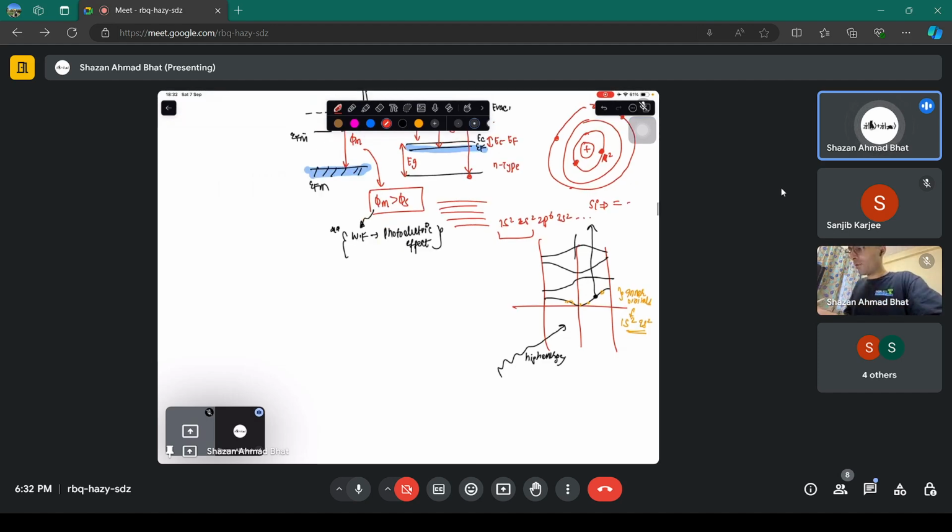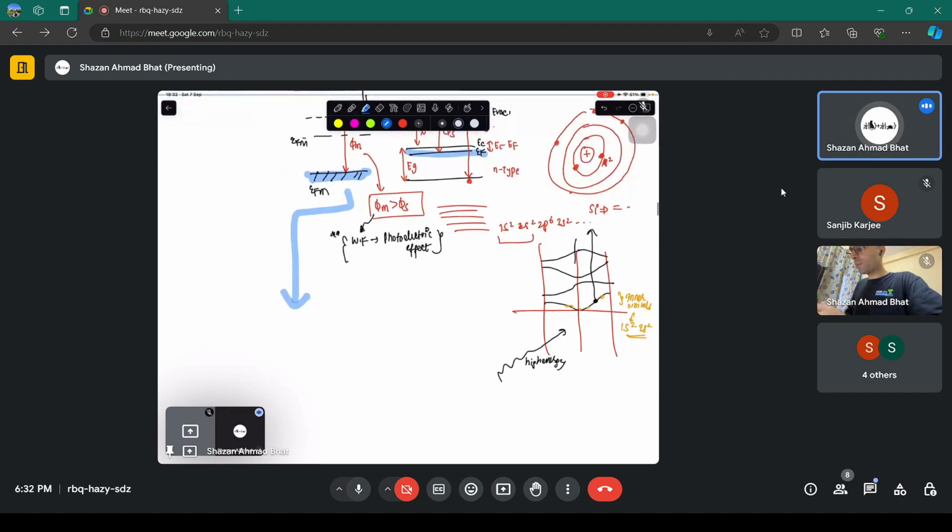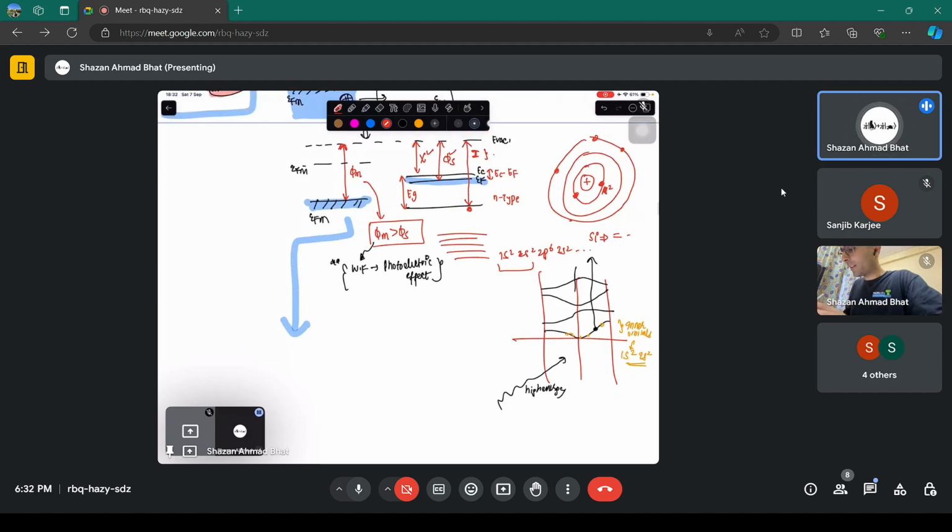And now what happens when you make a contact of this particular junction? You know that the Fermi level here on this side is higher than that of this particular thing. Or in other words, the work function of the metal is greater than that of the semiconductor. That's what this shows.